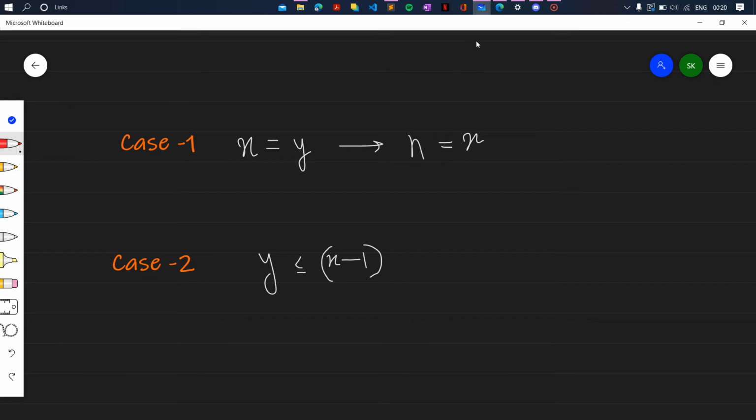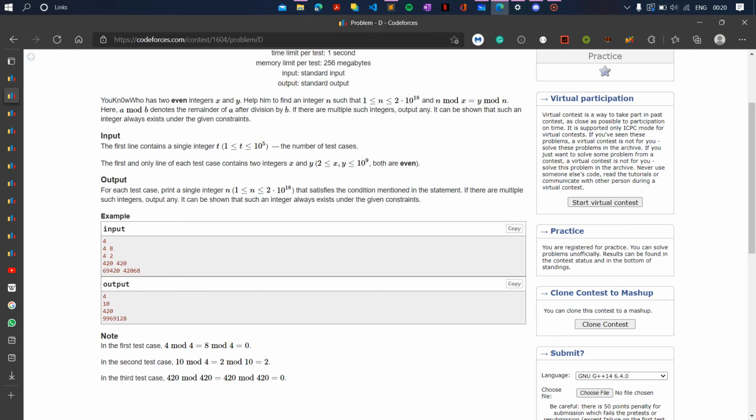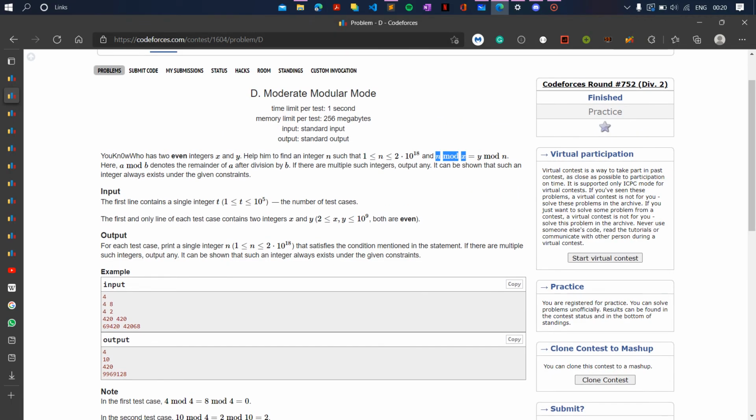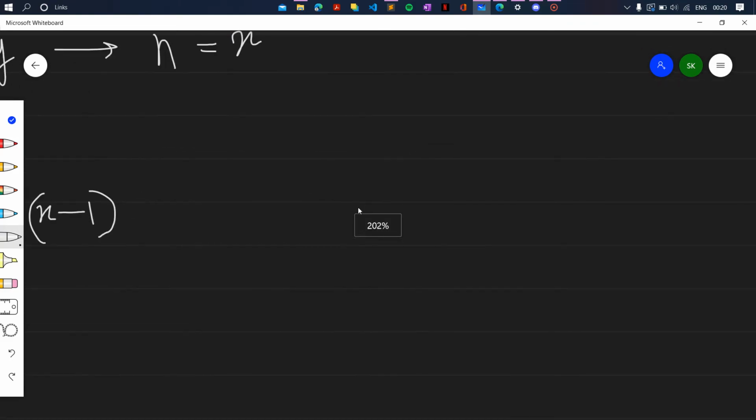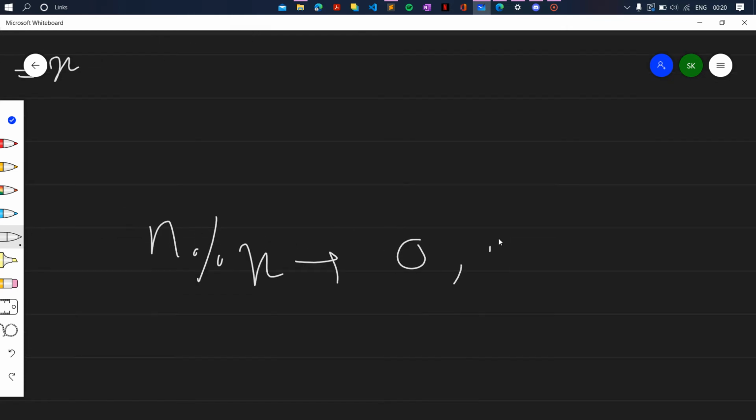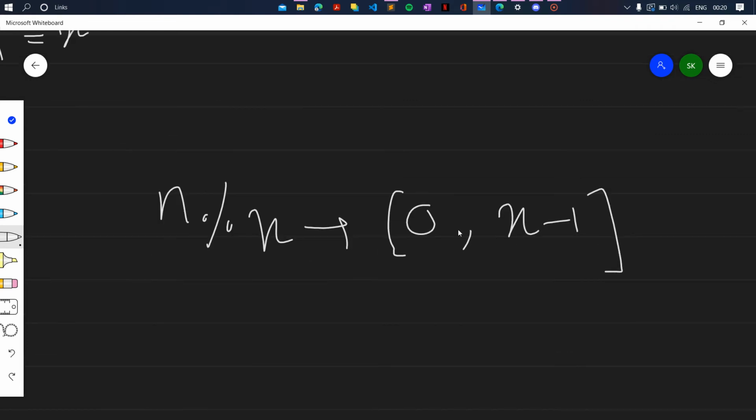Now, we all know that when we do n mod x, the value would come between 0 and x minus 1, right? Because that's how mod works.